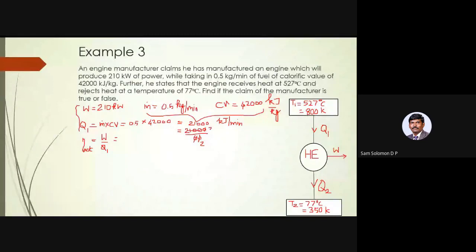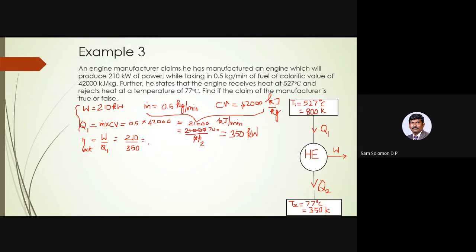And 700 divided by 2 would be 350 kilowatt. So Q1 is 350 kilowatt. W is 210, Q1 is 350. So you will get the value of the efficiency of the actual engine.